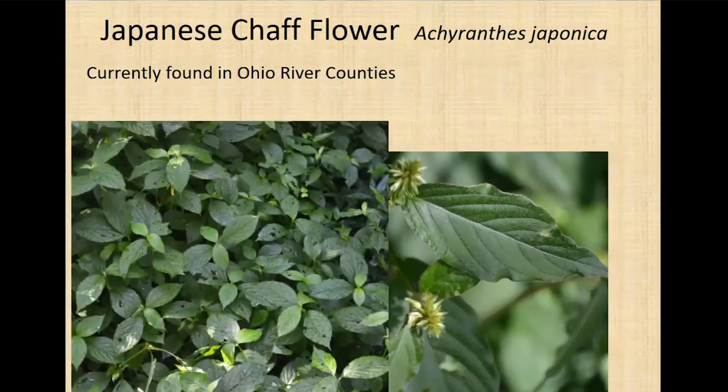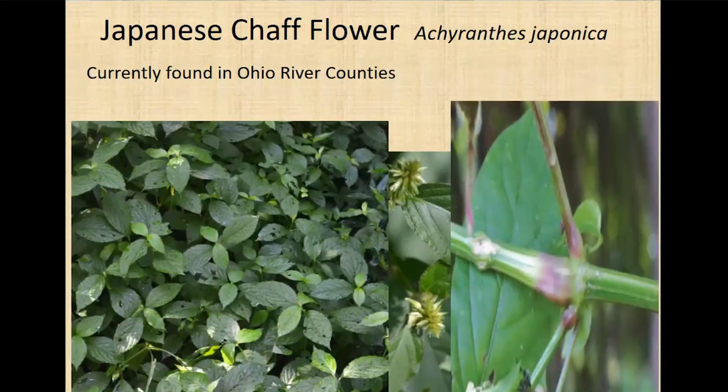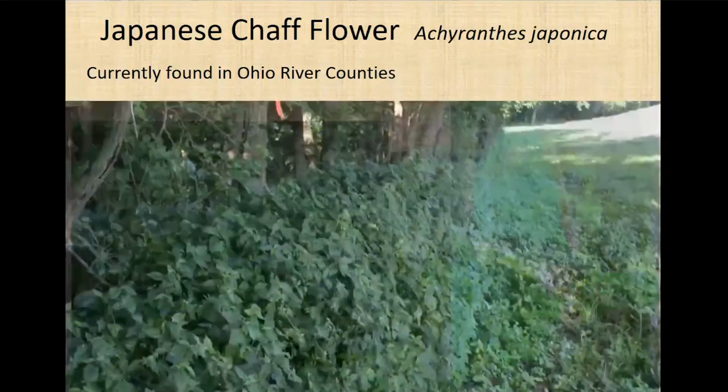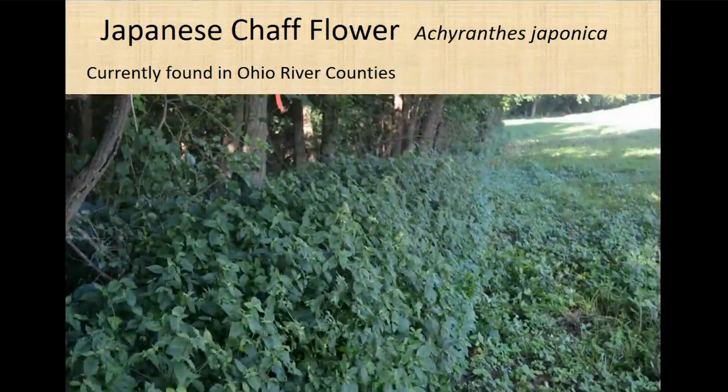It has opposite leaf arrangement, forms relatively dense stands through a lot of seed drop, and has these kind of swollen reddish enlargements at the nodes of the plants where the leaves and the stems meet, and can form very thick cover and does tolerate some shade. So it, once again, very much like garlic mustard and Japanese stilt grass, presents a real threat to our understory plants here in Indiana.